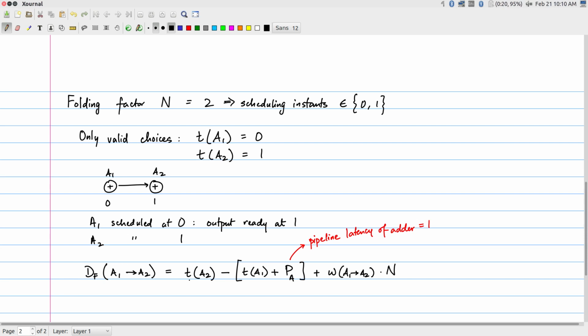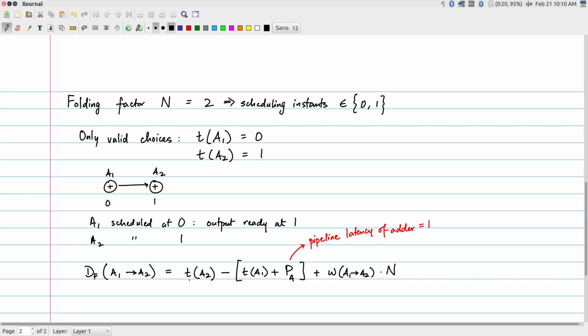I need to store it in some registers until A2 is ready to use it. If that number is negative, there is a serious problem. That's not acceptable. It basically means that I'm violating a constraint.